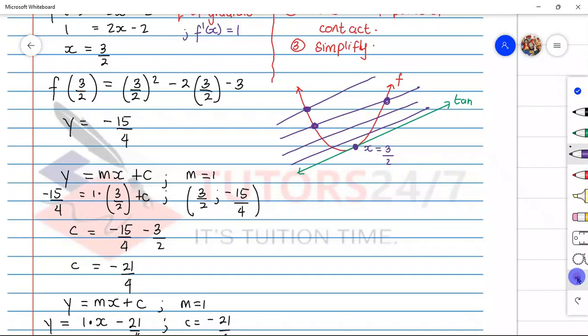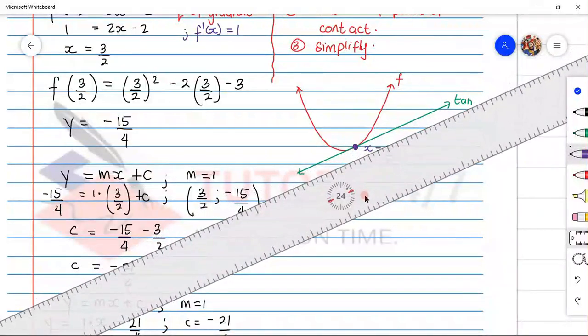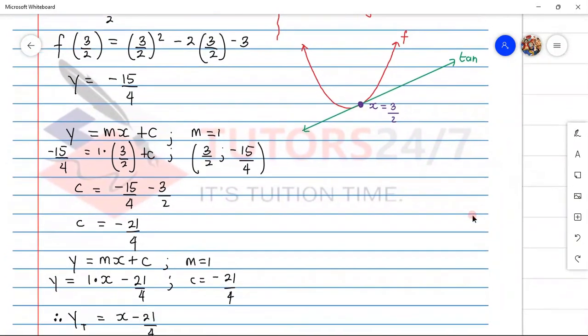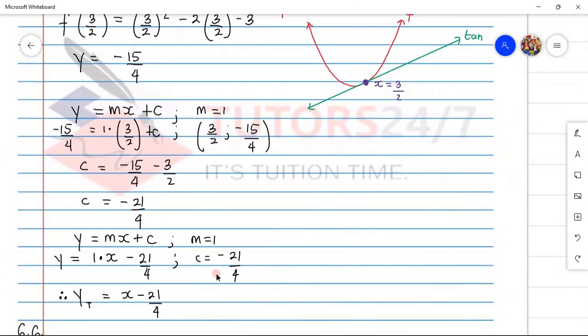So if we want a line that is not allowed to intersect f, that line has to be below our tangent. As you can see, if you make a line below your tangent, it's not going to intersect f. So basically, our value of k needs to be below the value of negative 21 over 4, because essentially k is like c.